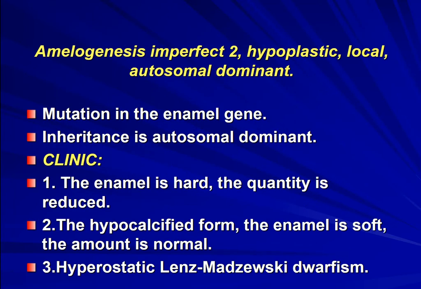Amelogenesis imperfecta second type, hypoplastic local, autosomal dominant. Mutation in the enamel gene. Inheritance is autosomal dominant. Clinic: the enamel is hard, the quantity is reduced.